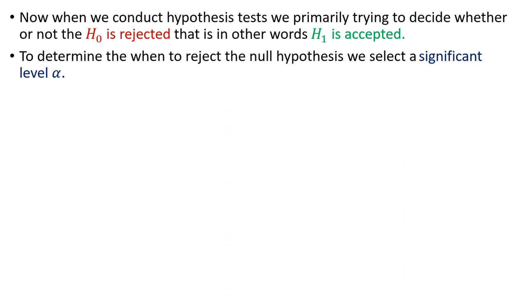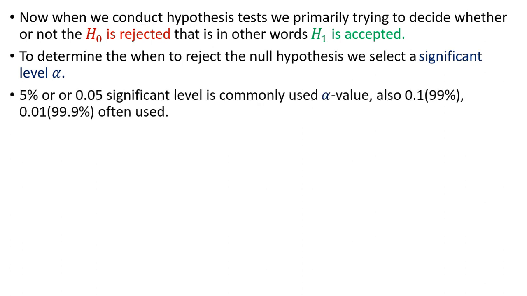To determine when the null hypothesis is rejected, that is, how significant it must be, we use what is called the significance level. Commonly used alpha values: alpha is 0.05. When it is 0.05, that means we have only 5% of the total area for rejecting the null hypothesis. Let me repeat it.